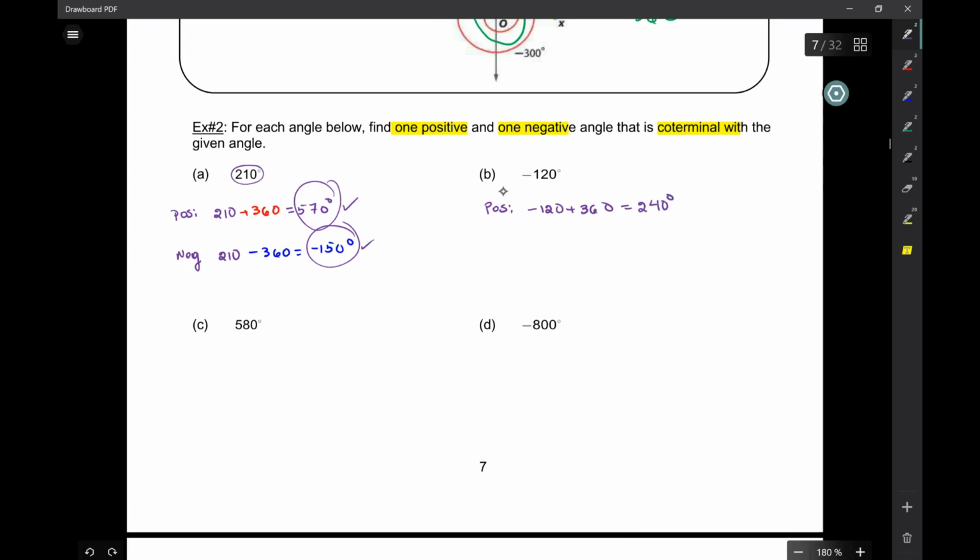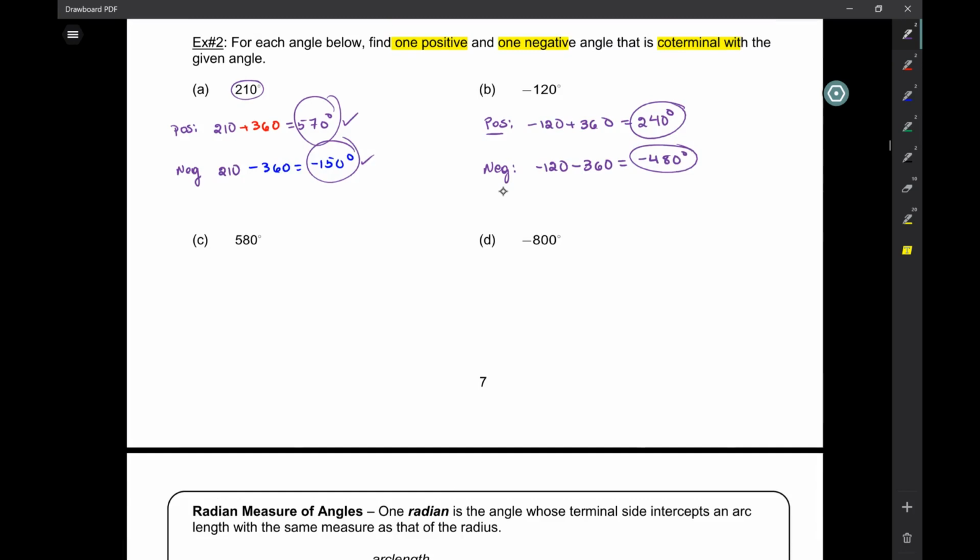Is that a positive number? Yes, it is. Was I looking for a positive coterminal angle? Yes, I was. So that's one. For the negative, I'm going to take the negative 120 and subtract 360, and that's going to give me negative 480 degrees. Is that a negative value? Yes, it is. So I'm good to go.